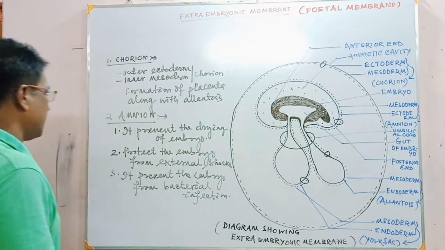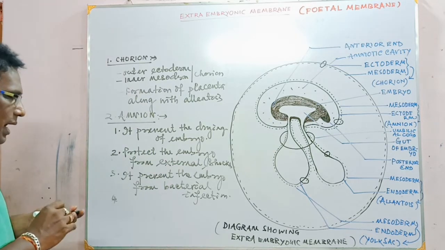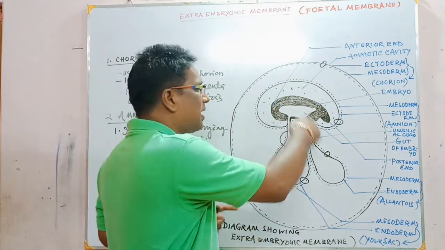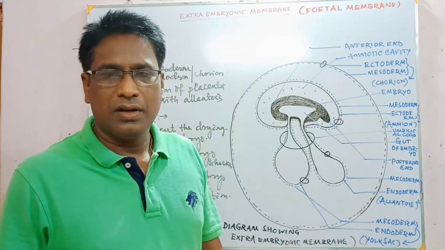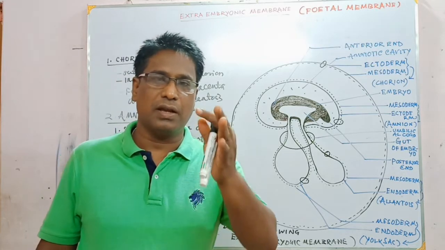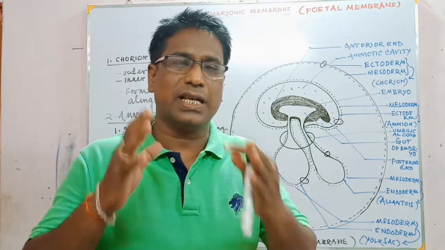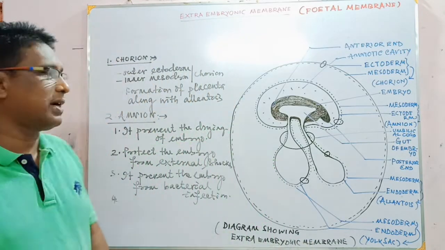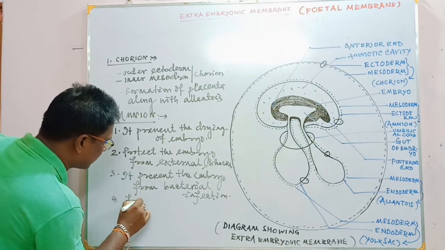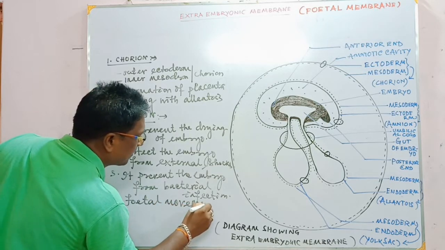is amniotic fluid. The next important function of amniotic fluid is it brings about foetal movement. By the movement of the fetus, at the time of parturition, the head turns towards the cervix, so it makes childbirth easy, a normal delivery.